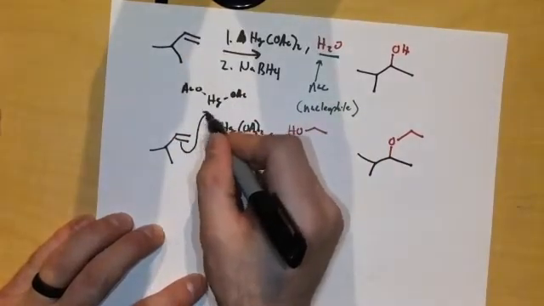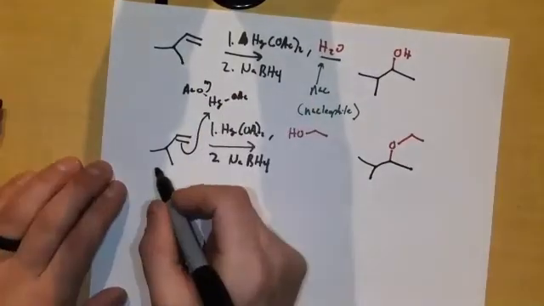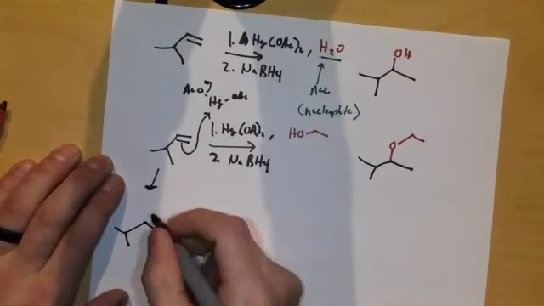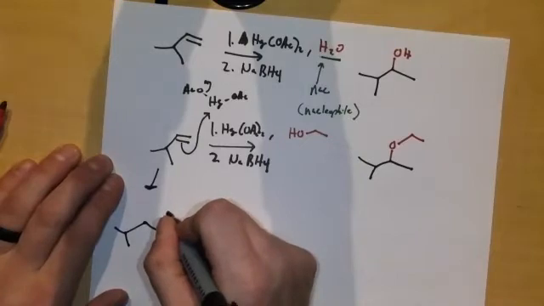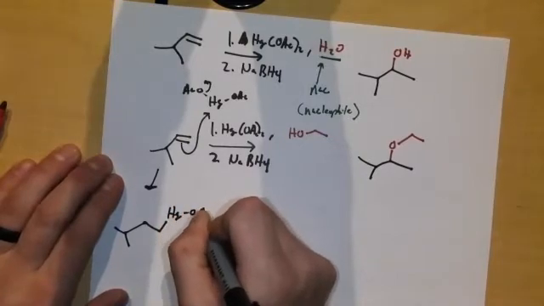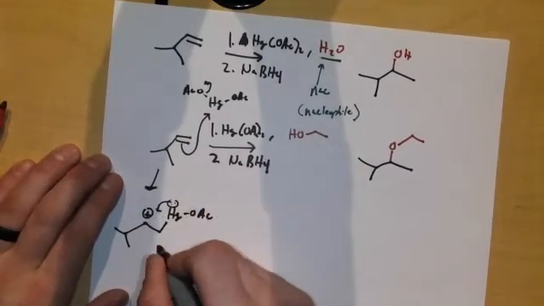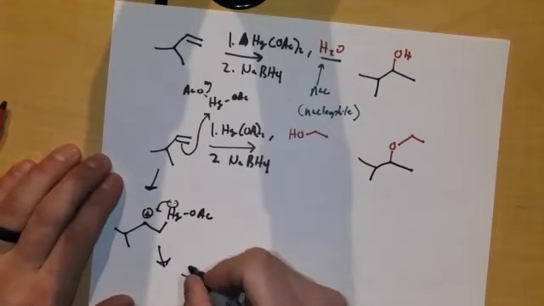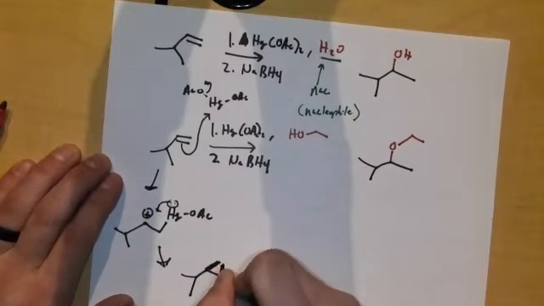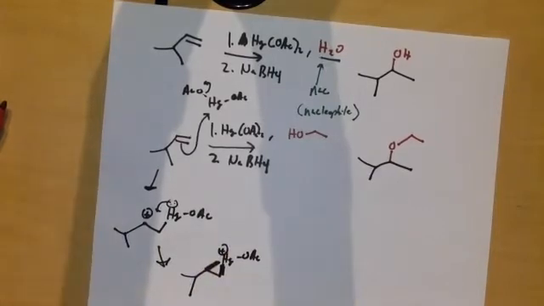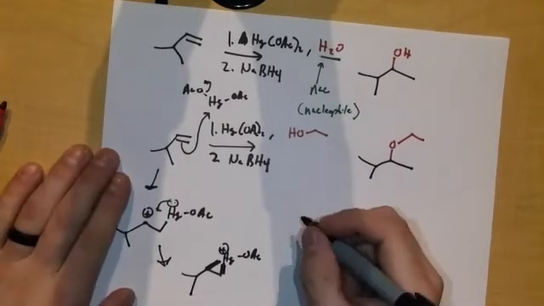Our double bond can come in and attack one of these mercuries. Our mercury can cyclize. From here, our ethanol can come in and attack at our more substituted center.